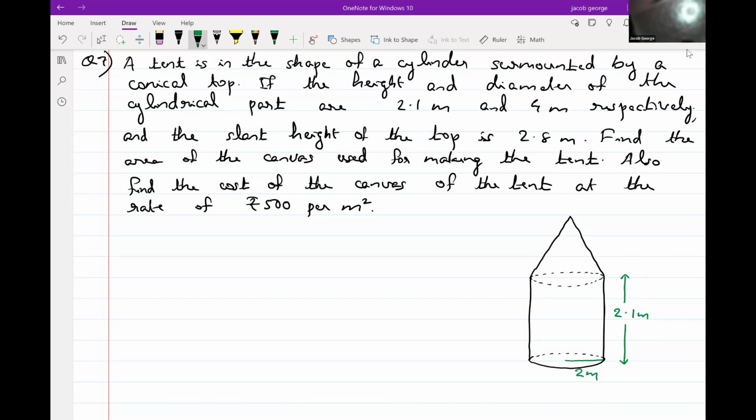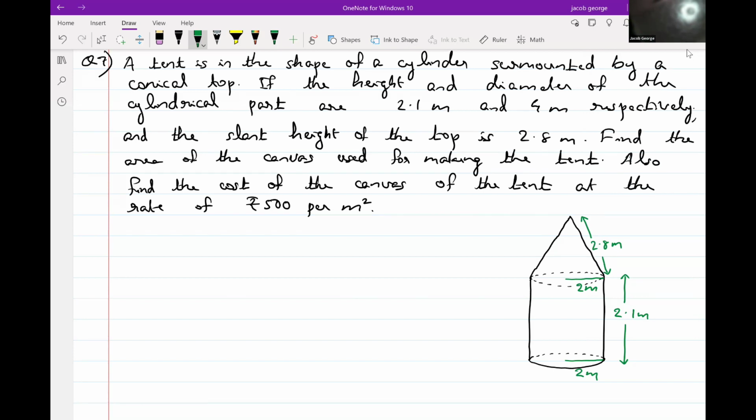Slant height of the top is 2.8 meters. Slant height l is 2.8 meters. Radius is also the same for the cone. Radius is common, 2 meters.